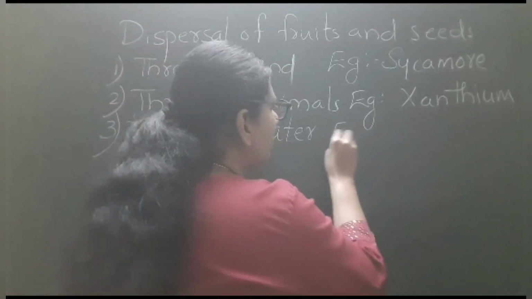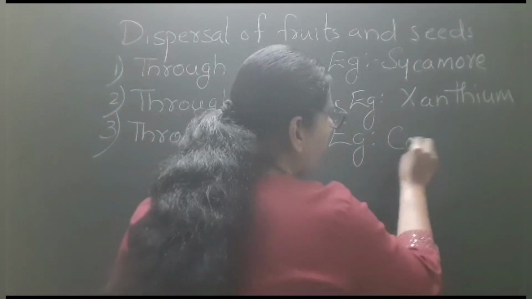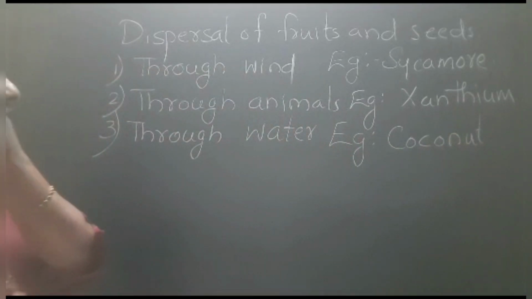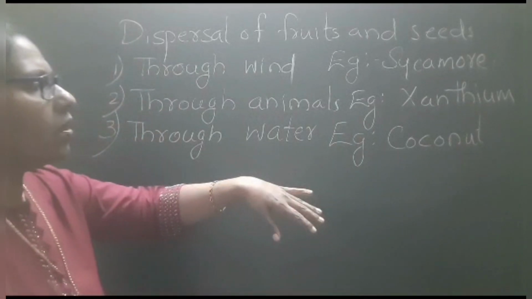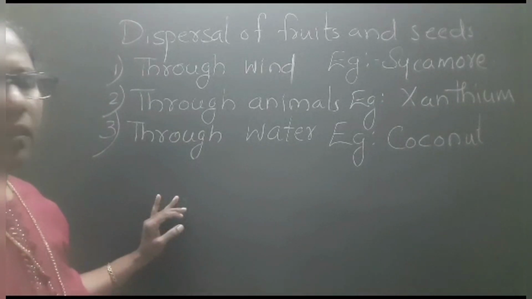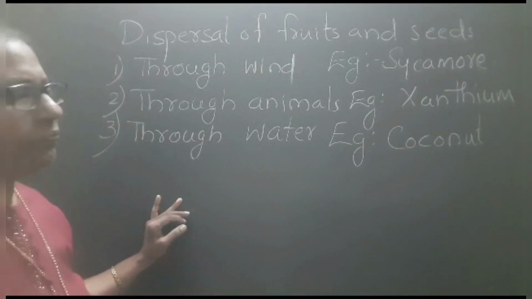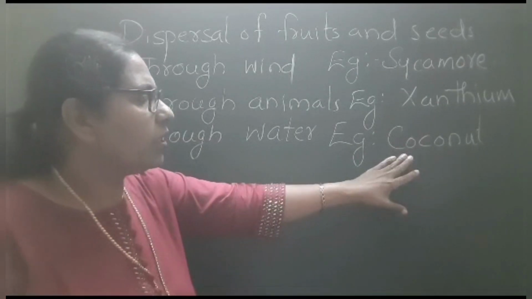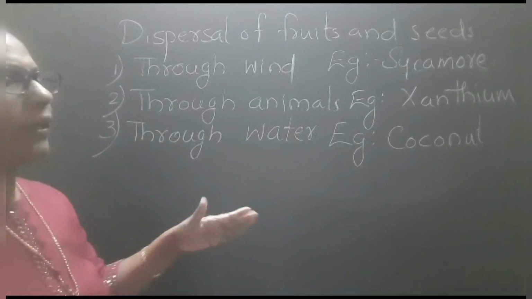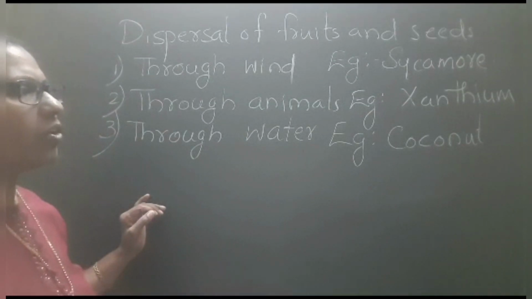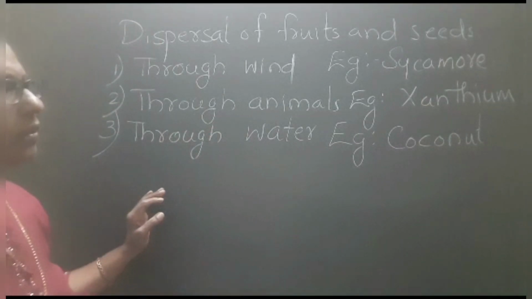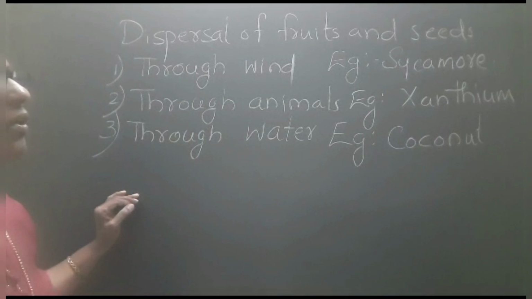Then through water. Example, coconut. Once it is detached from the mother plant, sometimes near the river or near a water body, the coconut falls in the water, and then the water current carries it away, and somewhere it gets stuck there and the seeds will grow again.